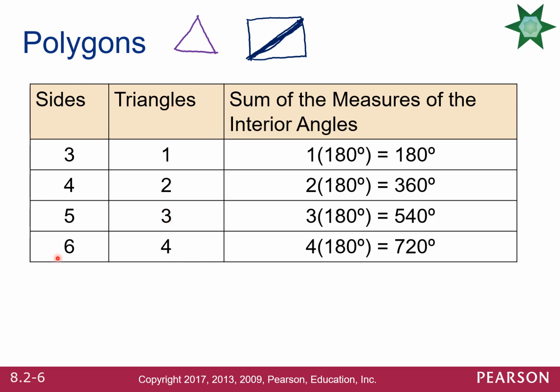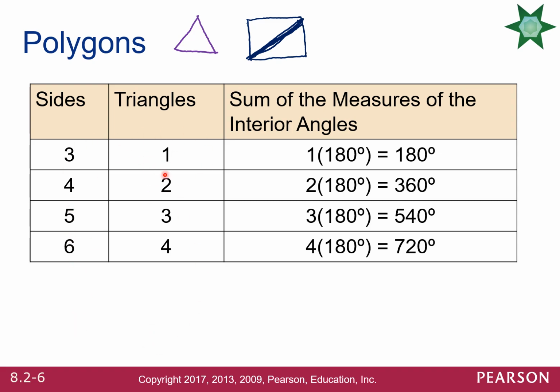A 6-sided hexagon can be dissected into 4 triangles. All right. So just look at the pattern. We can perhaps use some deductive reasoning that we learned in chapter 1 on this to figure out how many triangles we can expect from polygons of different sizes.